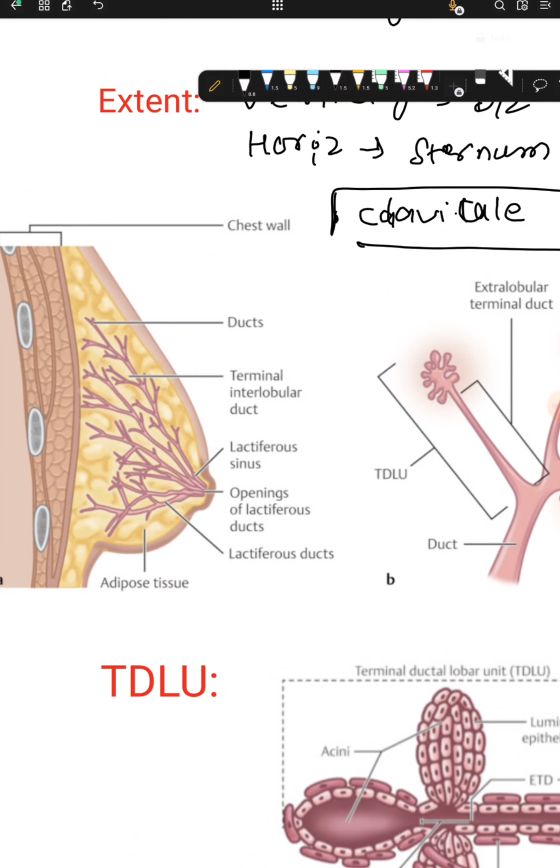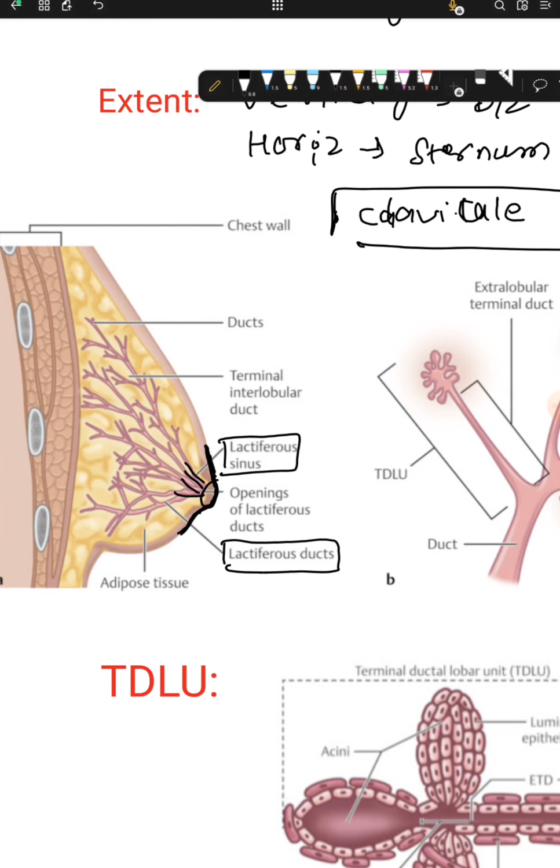So we know that this is the nipple, and the surrounding of the nipple is the areola, right? And inside this areola there are many ducts that go towards the nipple. So they are the lactiferous sinus and the lactiferous duct.